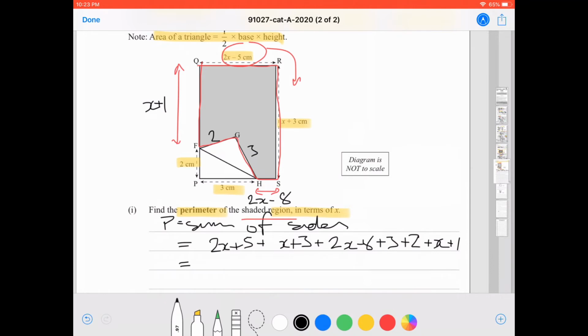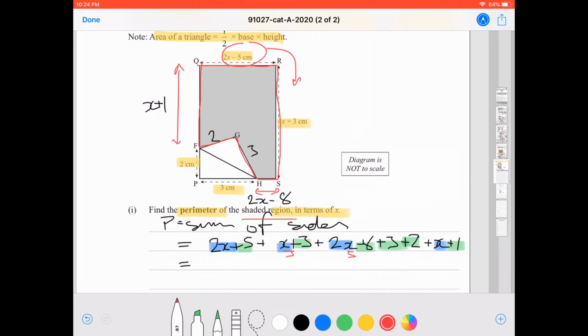Okay, all we have to do now is collect like terms. So we've got our terms that have x, and just our single digits as well. So 2x plus x is 3x.